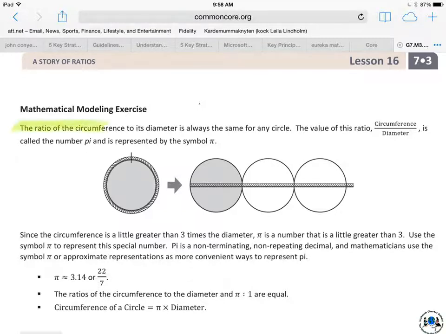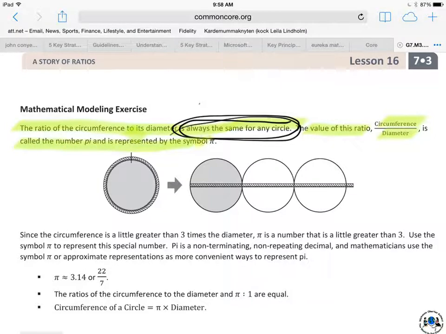The ratio of the circumference to its diameter is always the same for any circle. What an amazing, fascinating thing, I think. Maybe not as fascinating yet for you, but it will be one day. So the value of this ratio, circumference over diameter, is called the number pi, and is represented by that symbol right there.